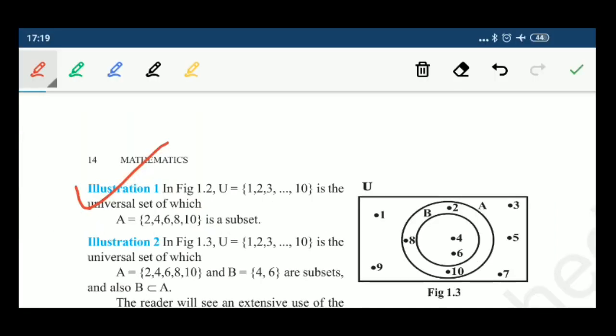See the first example. Here you can see the universal set consists of the first 10 natural numbers and set A having elements 2, 4, 6, 8 and 10. Now see its diagram.